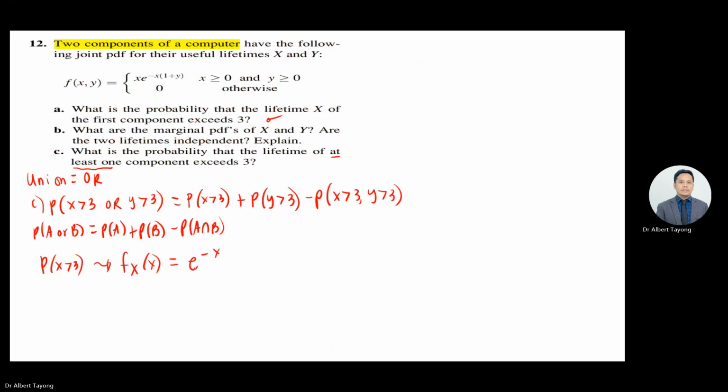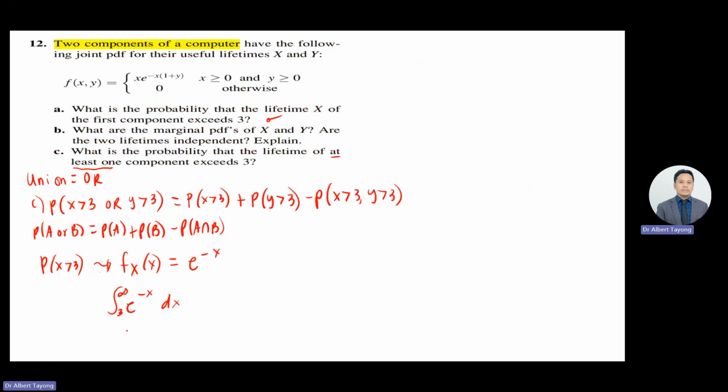So this is actually from 3 to infinity because it's greater than 3. So it's going to be the integral of e raised to the power of negative x from 3 to infinity dx, because we have x here.